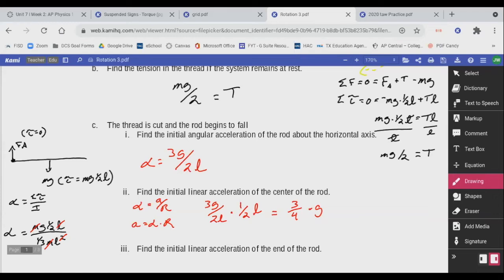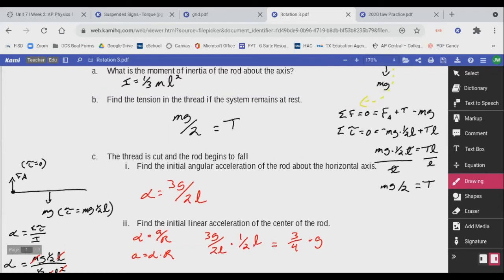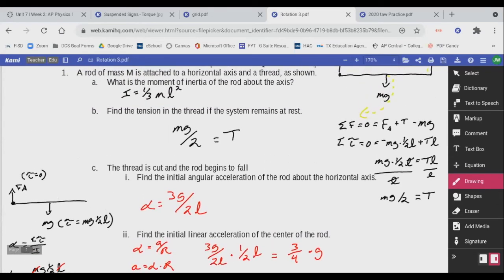Remember, this goes up to B, where we have alpha, which is angular acceleration, equal to the summation of torque over I. If we scroll up, we solved for I right there in number 1A. We said I for this system is 1/3 ml squared. Okay, that makes sense. That's no problem at all.